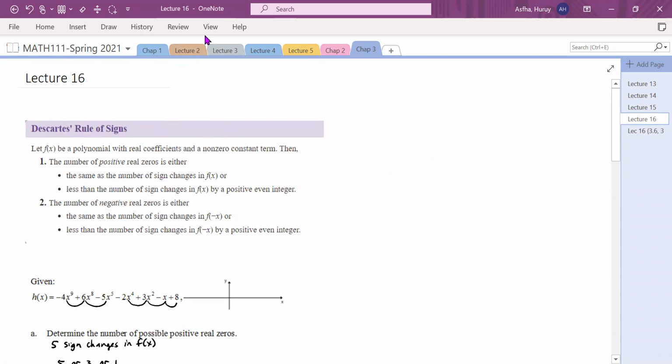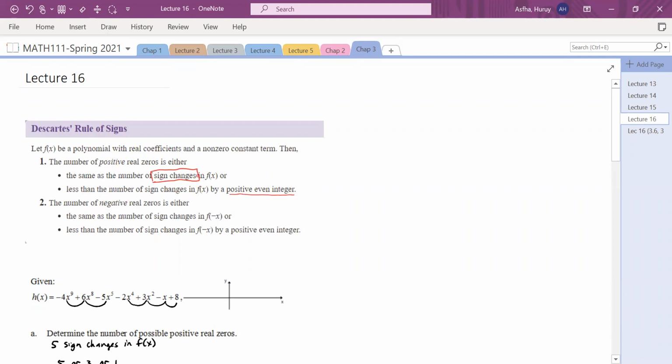The rule of signs says if we have the polynomial f of x with real coefficients and a non-zero constant term, then we have two possibilities. One is the number of positive real zeros is either the same as the number of sign changes, this is important here, sign changes in f of x, or less than the number of sign changes in f of x by a positive even integer.